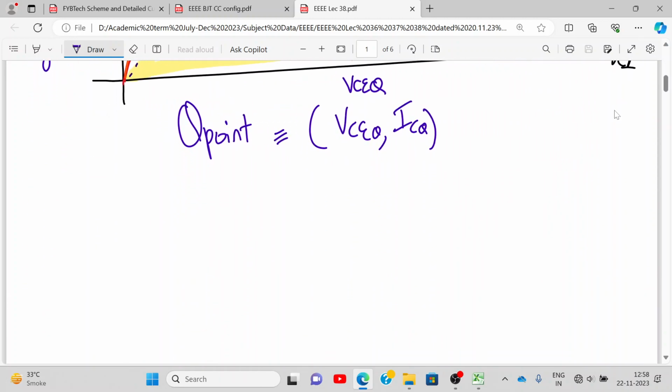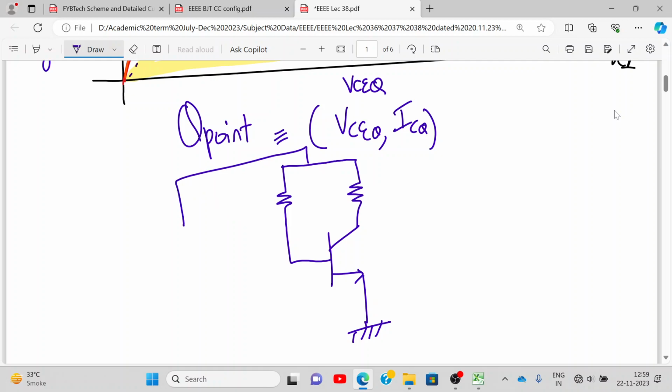Please draw this biasing circuit. We'll study only one biasing circuit. This is the biasing circuit: VCC, RB, RC, and this is my transistor. Base, collector, emitter.